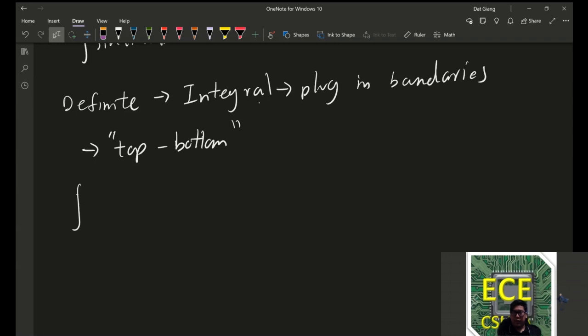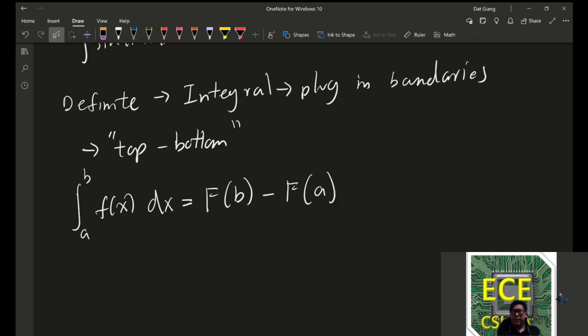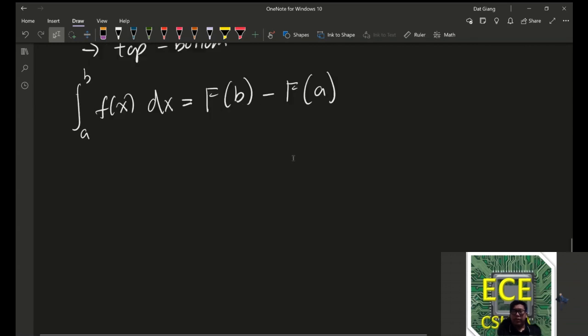So in general, the integral from a to b of f of x dx is equal to the integrated part of f plugging in b minus the integrated part of f plugging in a.